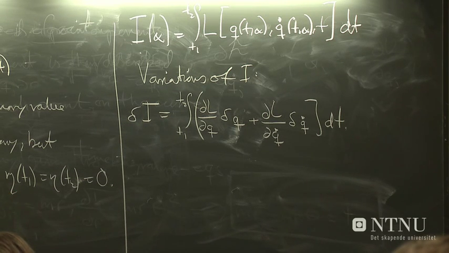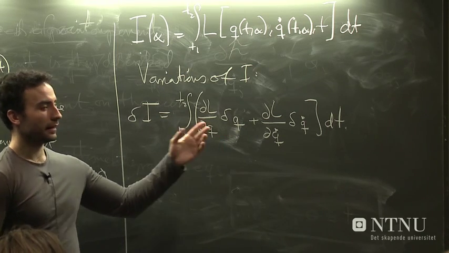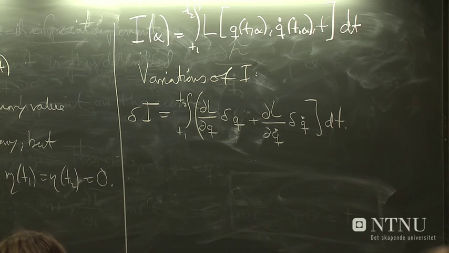So keep in mind here that we're not considering any variations in time. Time is uniquely defined along each step of the curve. We're only considering possible deviations in the generalized coordinates q and their derivatives q dot compared to the real path of the system.